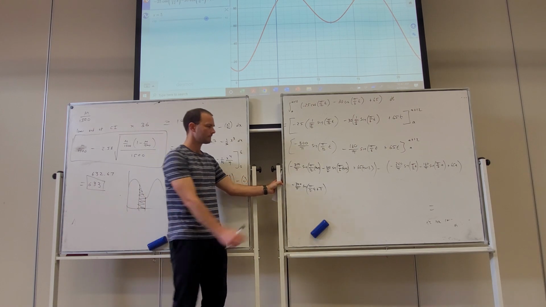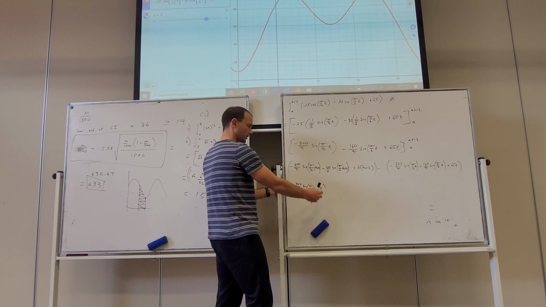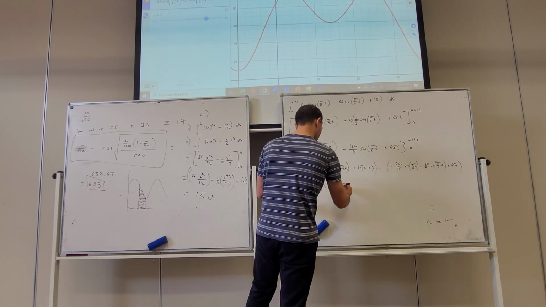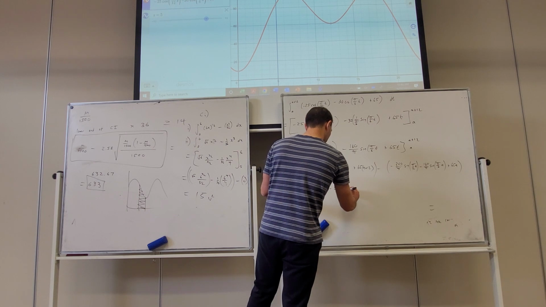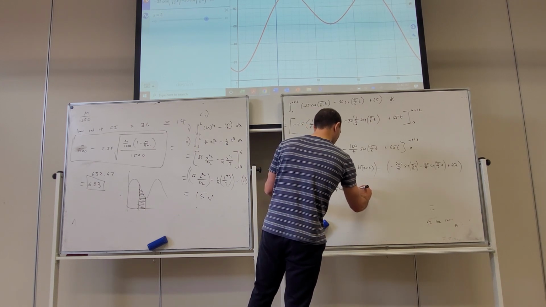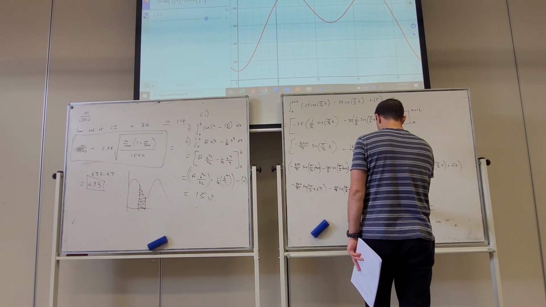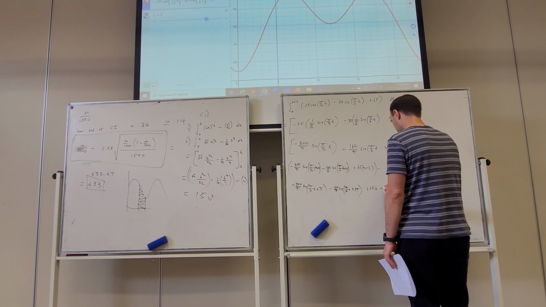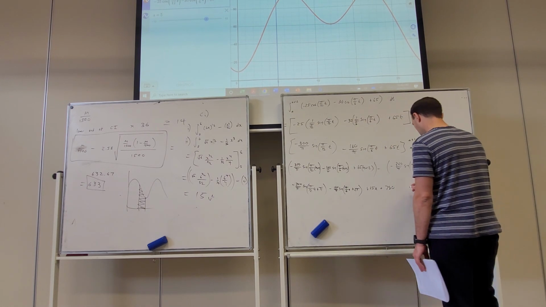Pi on 12a plus the 12 and 12 will cancel, we're just looking at pi. Same over here, 180 on pi, sine of pi on 6a plus 2 pi, plus 65a plus 65 times 12, which is 780.